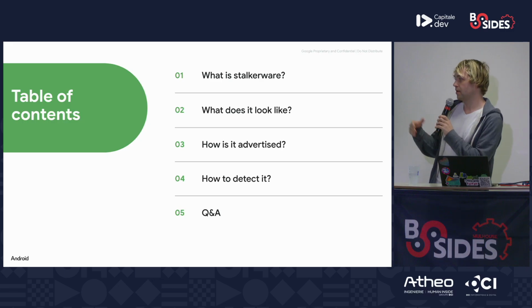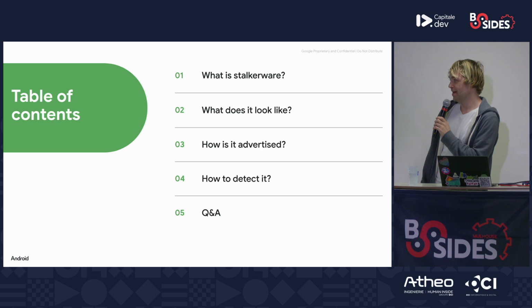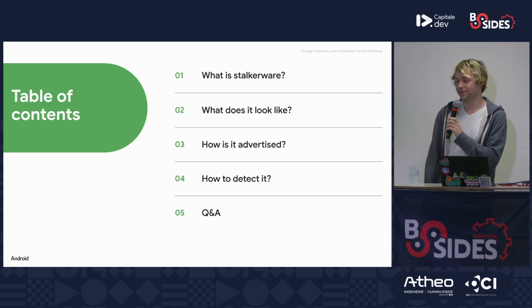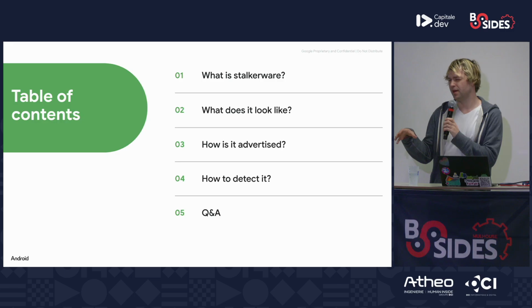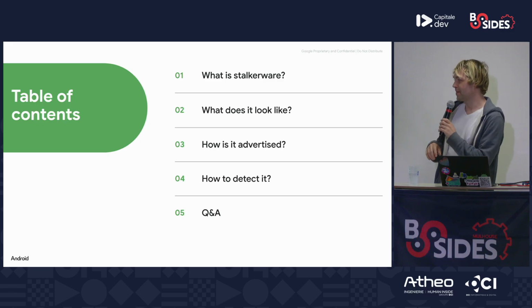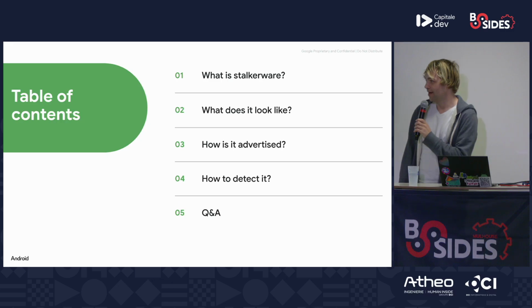I will also talk about the challenges with detection. That's the part that's the most interesting for me because it touches on subjects that we as cybersecurity professionals don't usually talk about. And then there will be a Q&A if you have any questions.